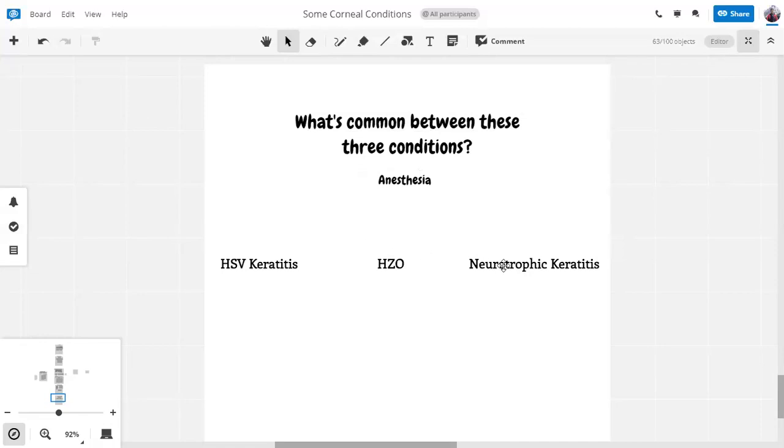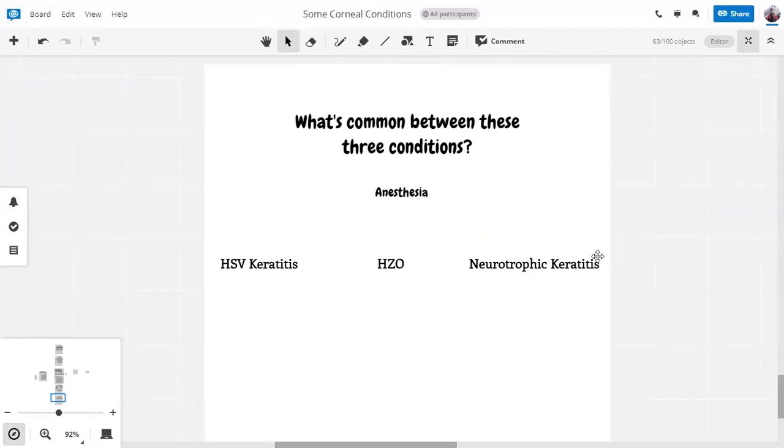Neurotrophic keratitis होता इस तरह है कि in the past there was a treatment for a disease, क्या नाम है इसका? Trigeminal neuralgia. Trigeminal neuralgia आपने सुना होगा. In the past, trigeminal neuralgia was treated by the injection of alcohol into the trigeminal ganglion. उसकी वजह से क्या होता था?